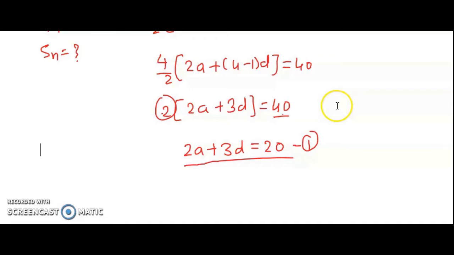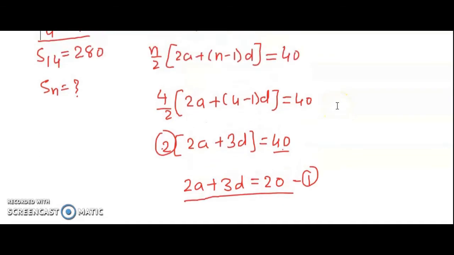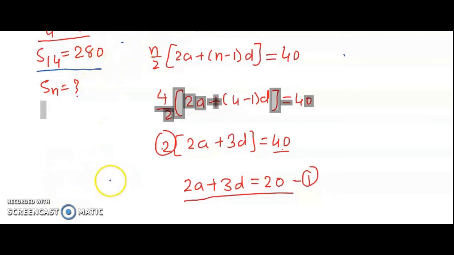Now take the second given data: the sum of the first 14 terms is 280.